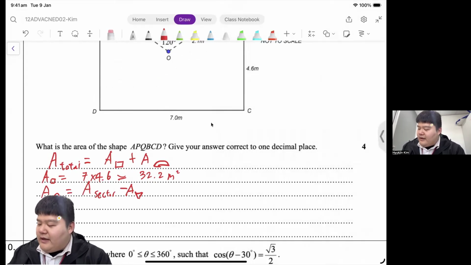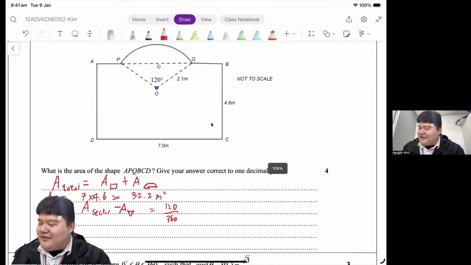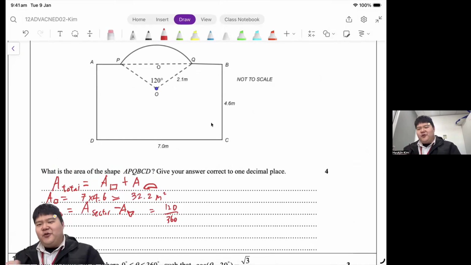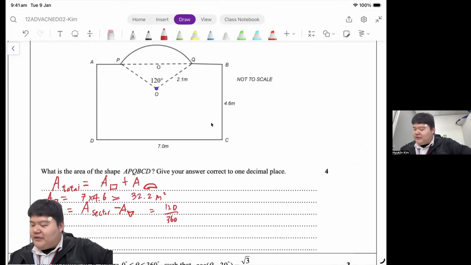Okay, so now it becomes 120 on 360. It seems like some of you watched the video, so you were using just the radian formula. It's okay, but use the degrees formula as well.